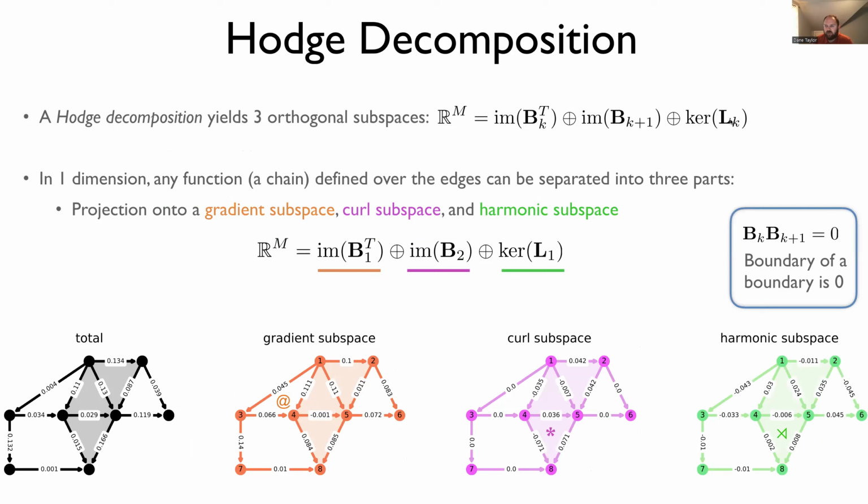And then we have the kernel of that Hodge Laplacian. For this talk, I'll just focus on the 1-Hodge Laplacian, so I just need to look at these two boundary matrices. When we select k equals 1, we'll describe these subspaces of the original vector space, R^m, if we have m edges, as the gradient subspace, the curl subspace, and the harmonic subspace.